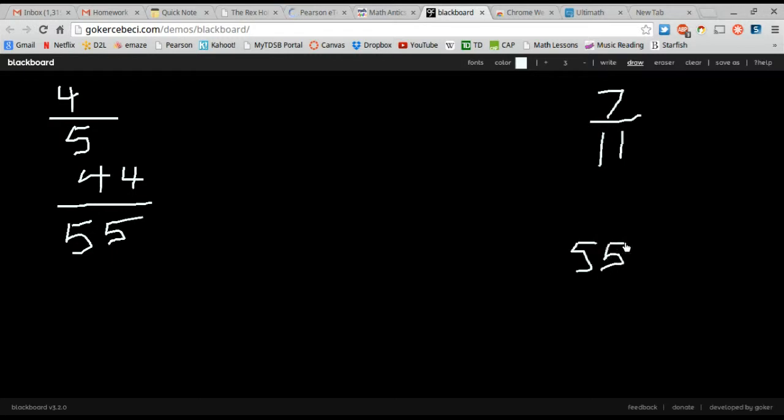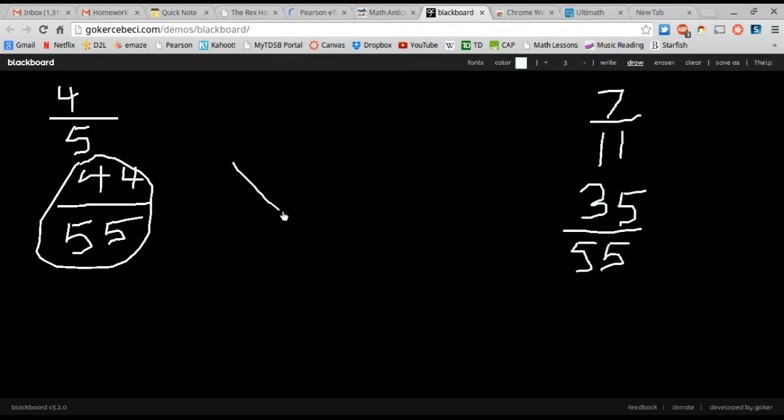To get 55, 11 times 5 makes 55, so 7 times 5 is 35. Now that we've converted it, we can compare 44/55ths to 35/55ths. We know this one over here, I'll circle it, is greater, and I'll make a big greater than symbol.